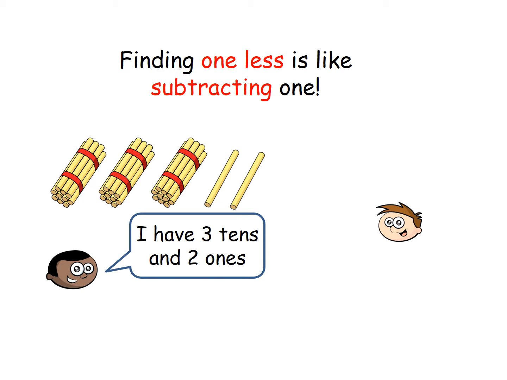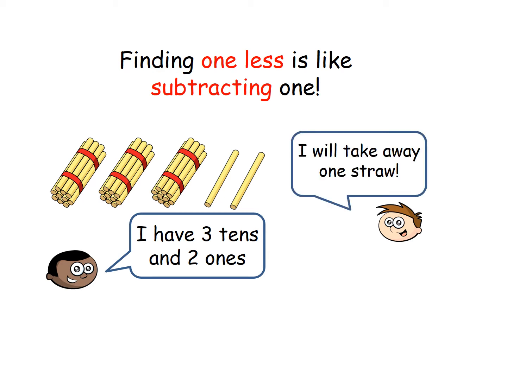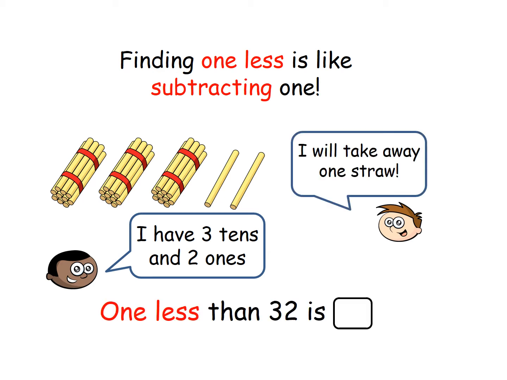Take away a straw on your sheet. So one less than 32. If you take that straw away, what's it going to be? 31. Because 2 ones turns into 1 one. So then the answer must be 31.